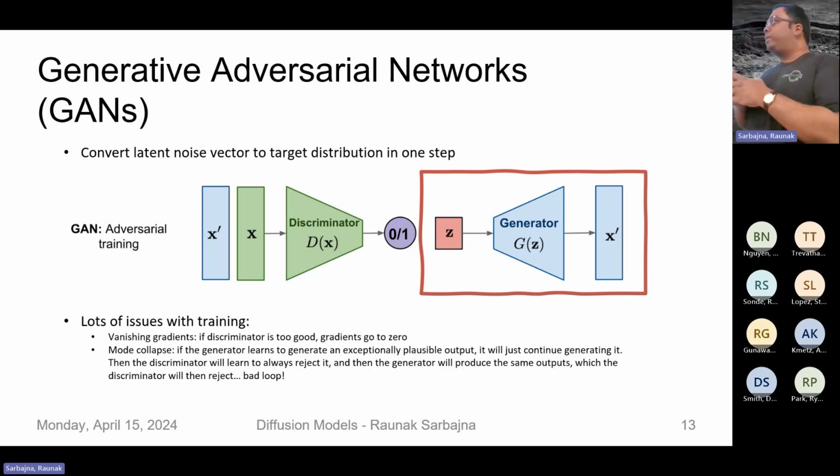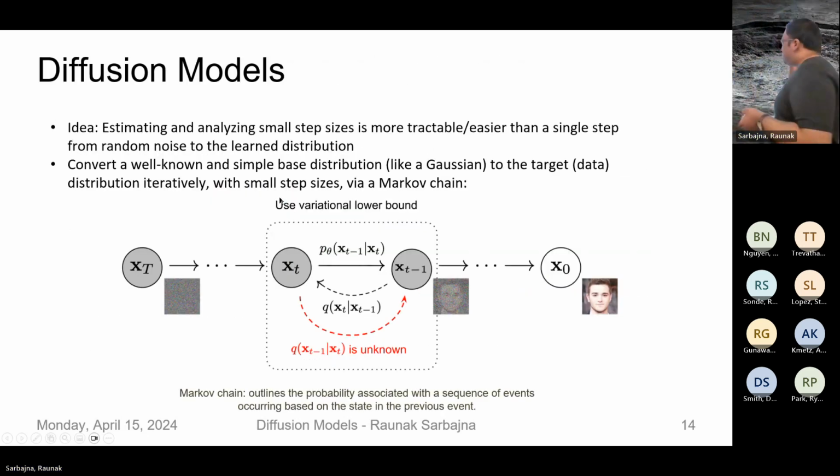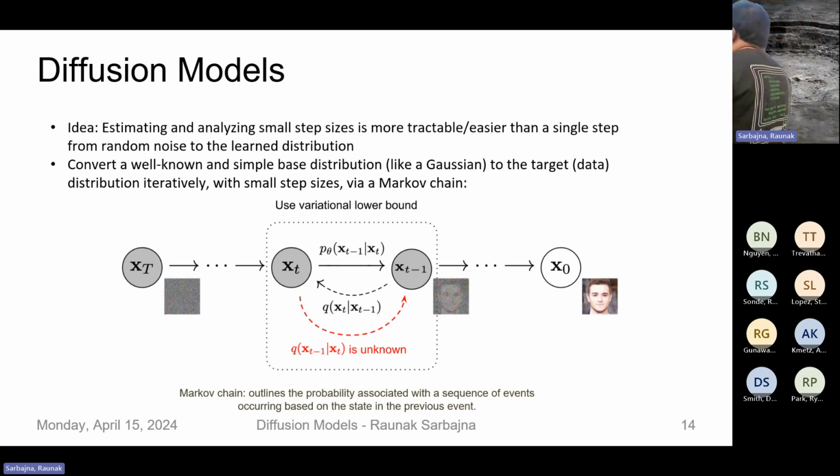So in order to deal with this one-step problem, where you give a latent noise vector and your generator takes it and tries to create a distribution from it, people came up with something called denoising diffusion models, DDPMs. So this is how diffusion models work, right? You give it a noisy image like this, and then step by step from that noisy image, it recreates the original image.